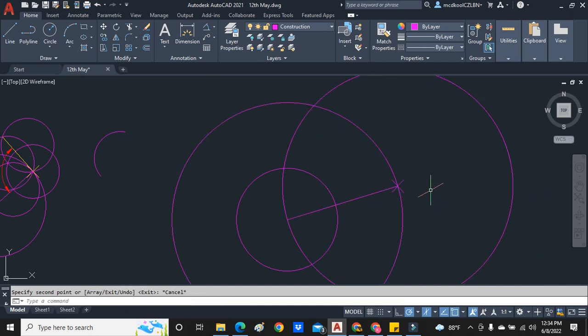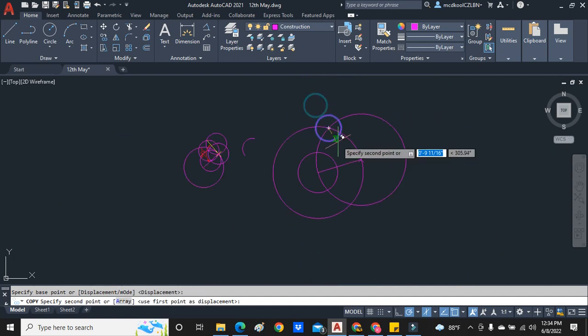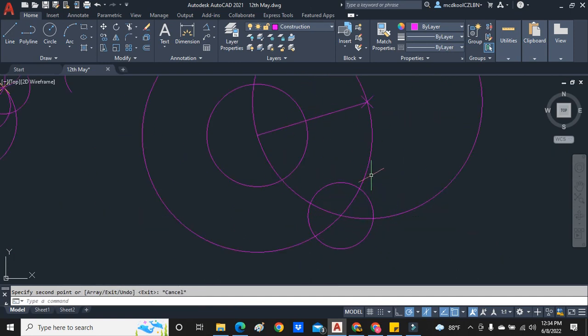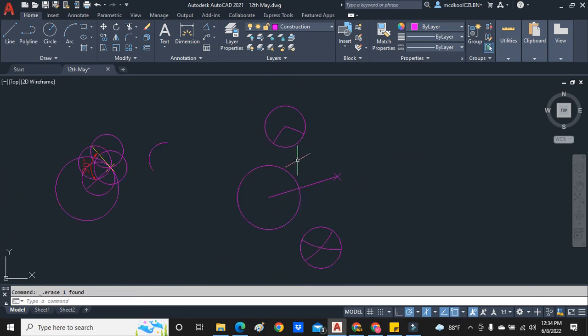Good. So I'm just going to do a small circle now so that I can trim these. So now that these are trimmed, the focus here is going to be on connecting these points to one another where they meet.